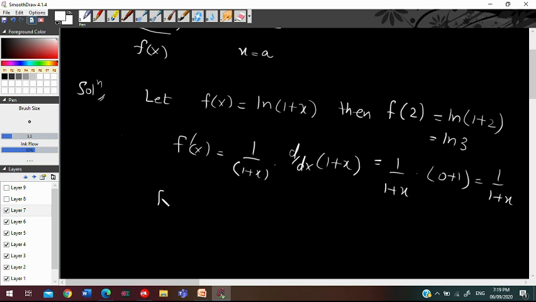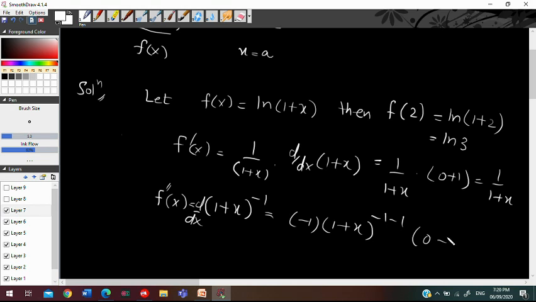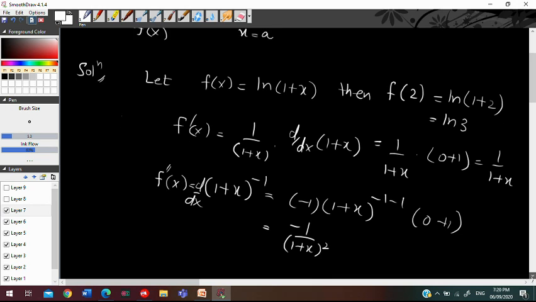Again differentiate f double prime of x: instead of the quotient rule, we write it as 1 plus x to the power minus 1 and differentiate. So we have minus 1 into 1 plus x power minus 2, that is minus 1 divided by 1 plus x square, the second derivative of our function.